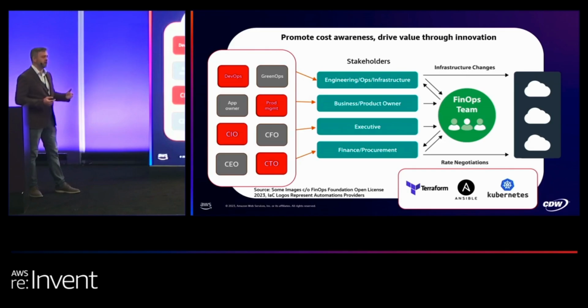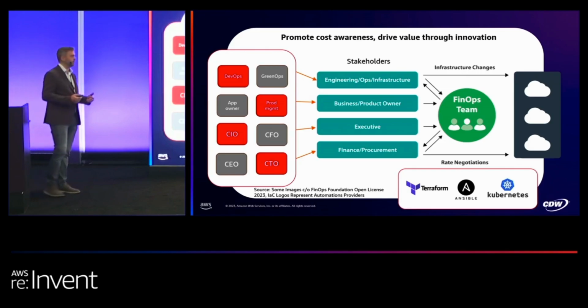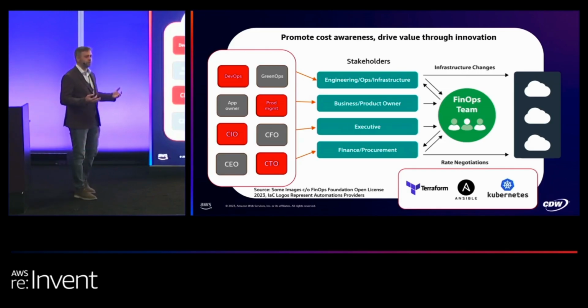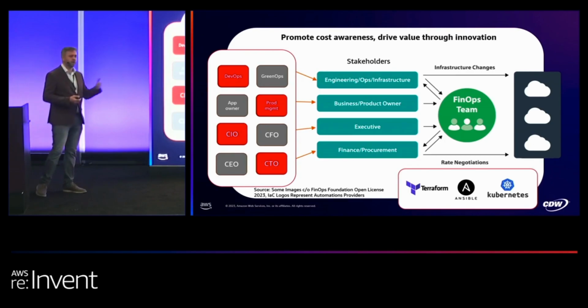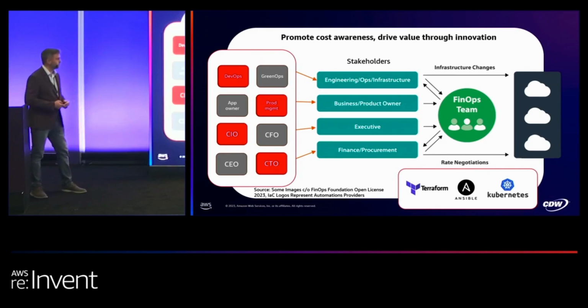Because sometimes it's not always about saving money. It's about unlocking value for innovation, especially in an economic downturn. You want to find creative ways to unlock your potential, to unlock savings so that you can still do the projects that might have been on the cutting room floor.